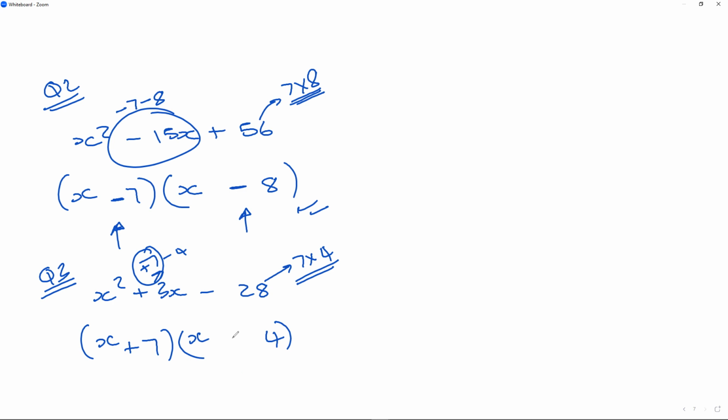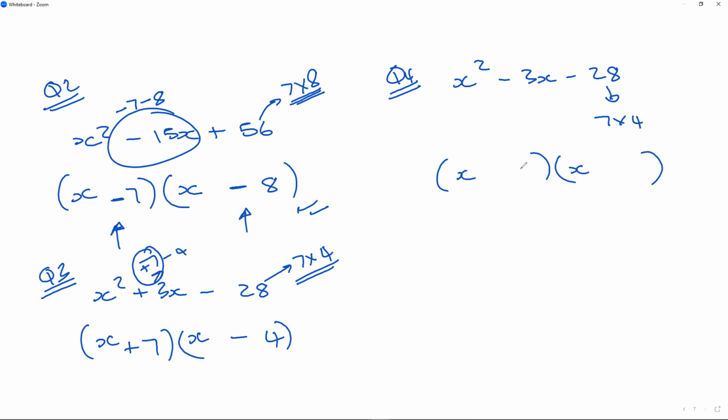The next one, suppose I've got x squared minus 3x minus 28. Again, this will be 7 times 4. So I know brackets will be x, 7, 4. Signs we have to be very careful because now we need to get to negative 3.